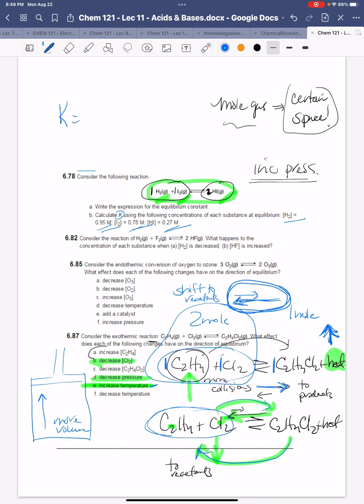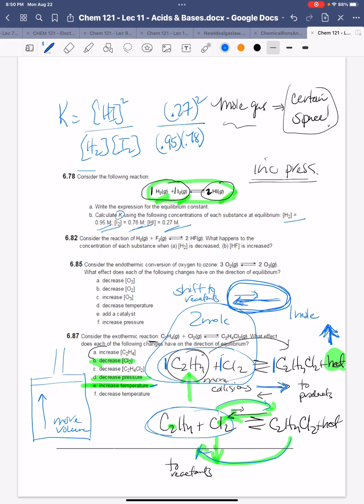So let's write that one. K is equal to HI squared over H2 I2. It's a good thing I rewrote this because it's not the same equation. We plug in the values. H2 is 0.95. I2 is 0.78. HI is 0.27 squared.